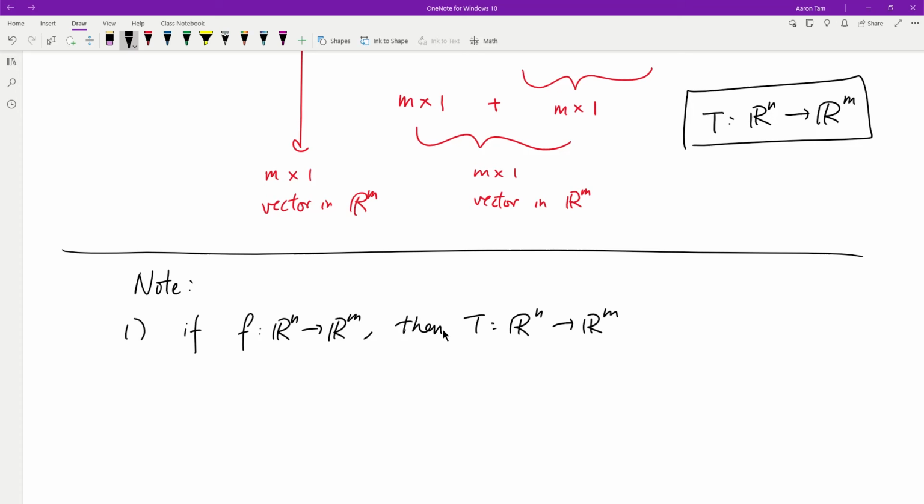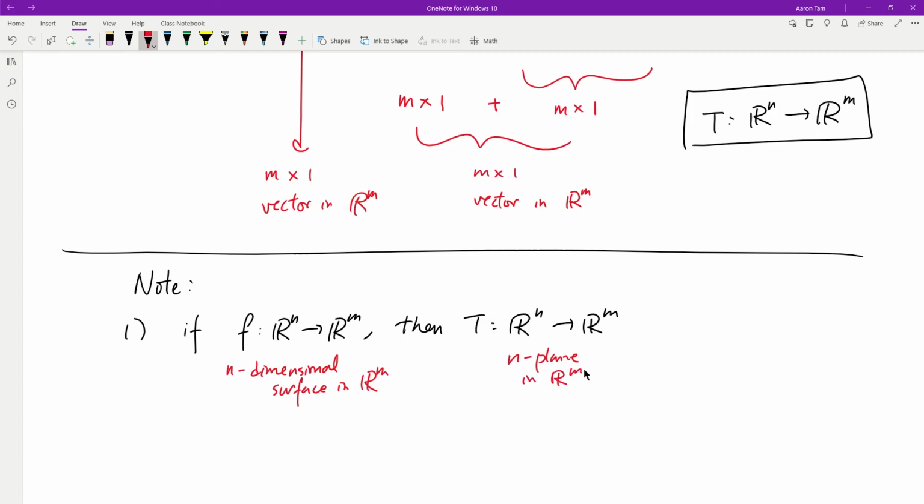So what's the difference between the two? The difference is the following. This is an n-dimensional surface in Rm, and this is an n-plane in Rm.